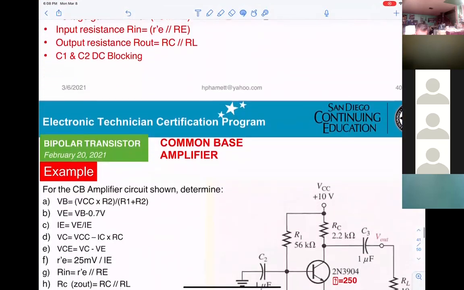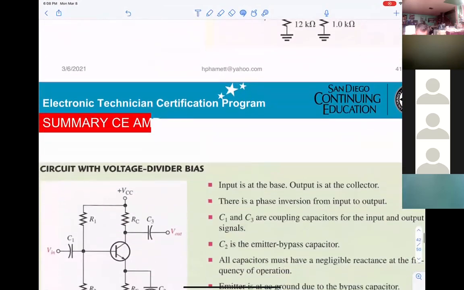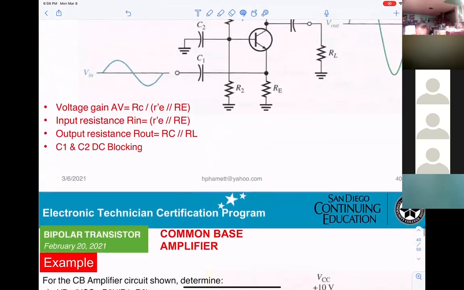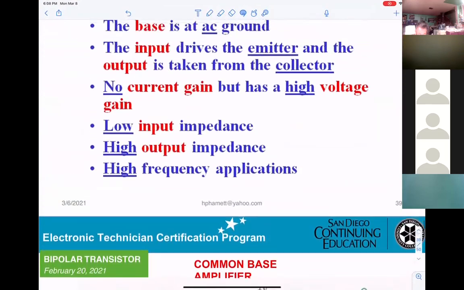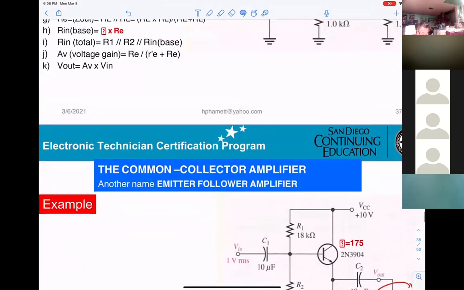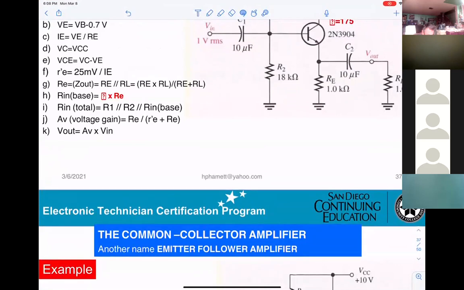Okay, so you get the output impedance. Where are we now? Common base. Okay, common collector right here. They already gave it to you. Let's see, R in, RE, right here, for this circuit.